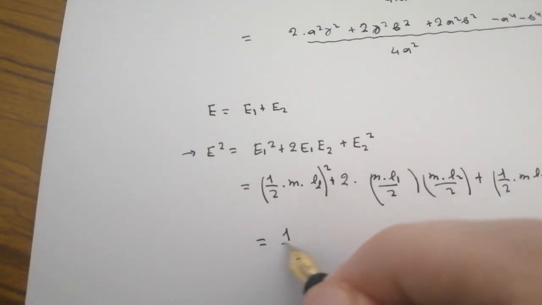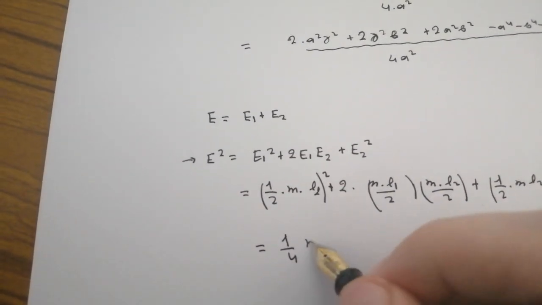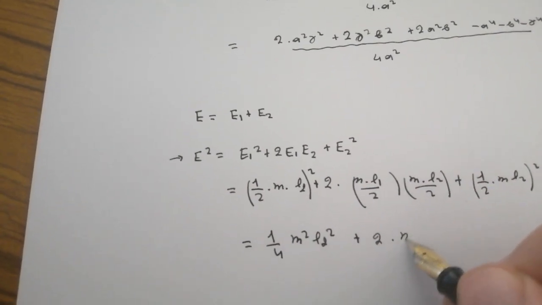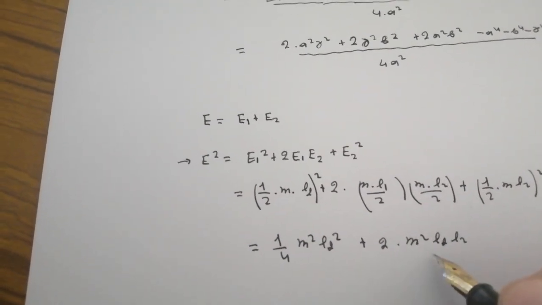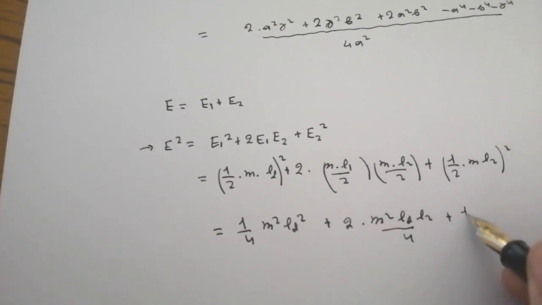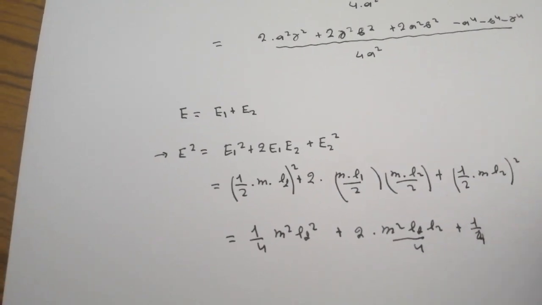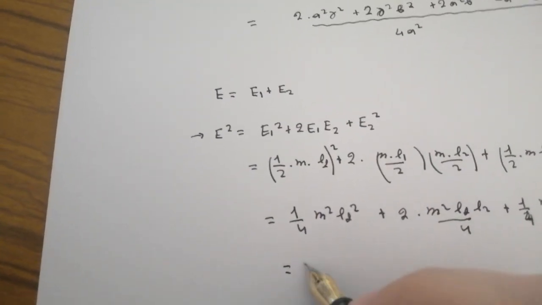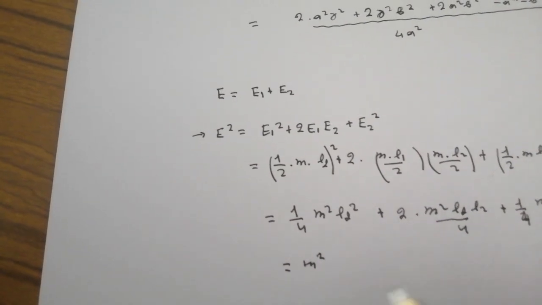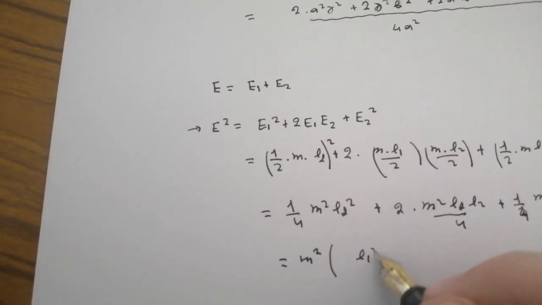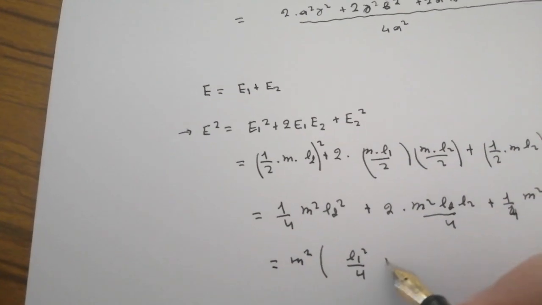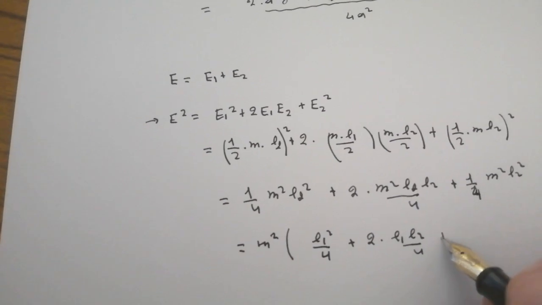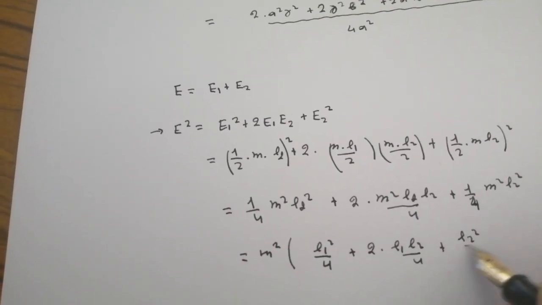So this is 1 over 4 m squared L1 squared plus 2 times m squared L1 L2 over 4 plus 1 over 4 m squared L2 squared. So we take m squared as a common factor, and we have L1 squared over 4 plus 2 times L1 L2 over 4 plus L2 squared over 4.